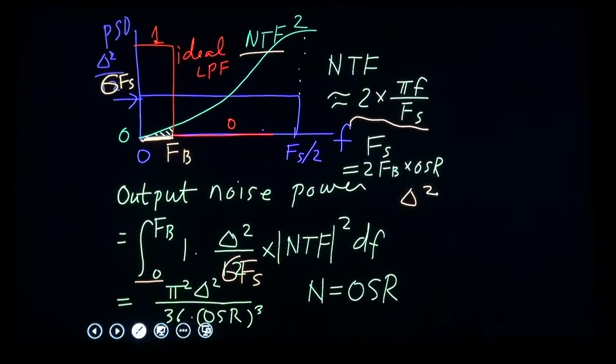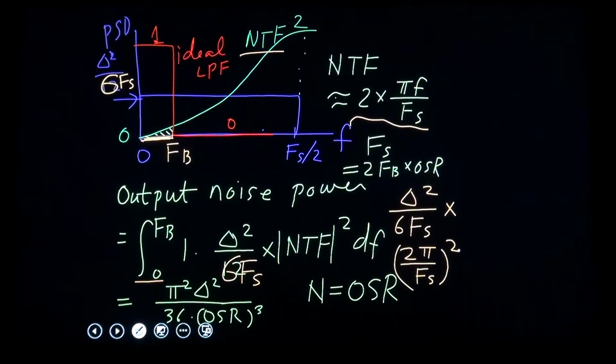Delta square over 6 fs times NTF. NTF is just this one, right? Integral of f square times 2 pi over fs square.